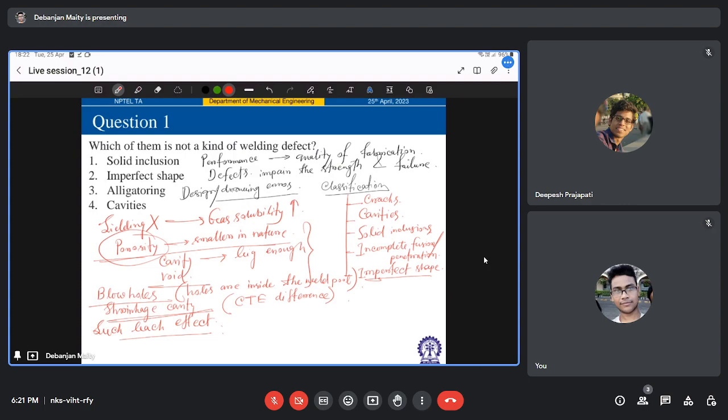So these are different kinds of defects which you can structurally see when you are doing welding, right? Many a times we give excessive reinforcement also, so that may also come into that category. Then excessive penetration is there, or the bead shape which is not proper. All these things come under the category of imperfect shape, or maybe unacceptable contours, right?